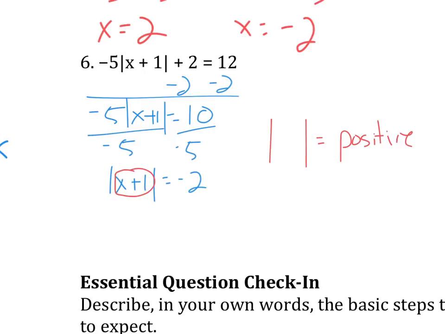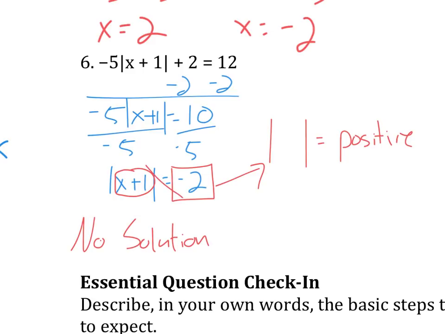Well, that contradicts this statement that it always has to come out positive, which means this one has no solution. There is no value that we could substitute in that would allow us to solve, because an absolute value always comes out positive. And right here we have a negative, so that can't happen. So it is no solution.